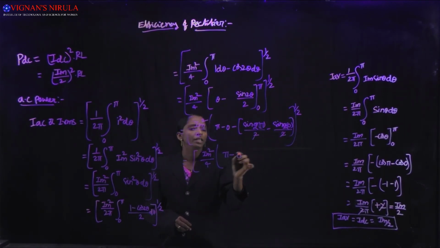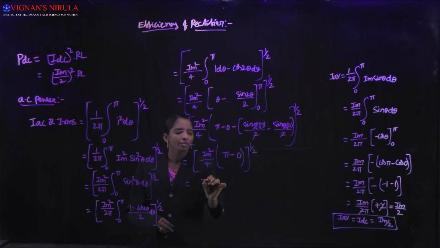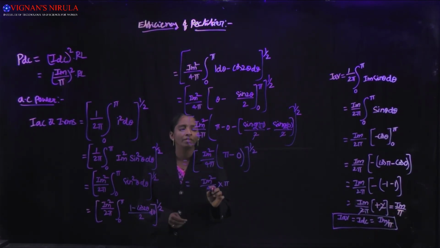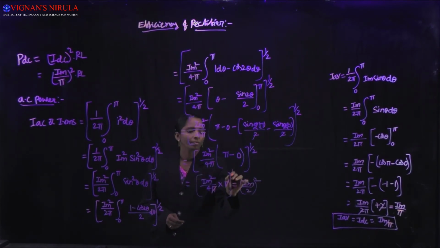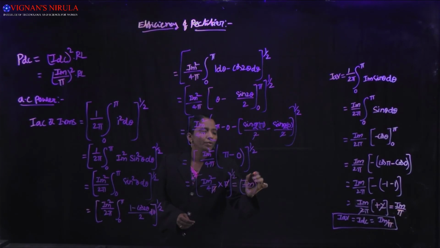So pi gets cancelled and we can write Im by 2 whole square, under the square root of 1 by 2 into 2.